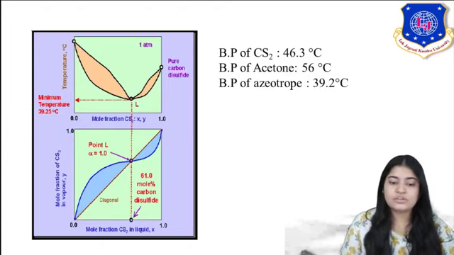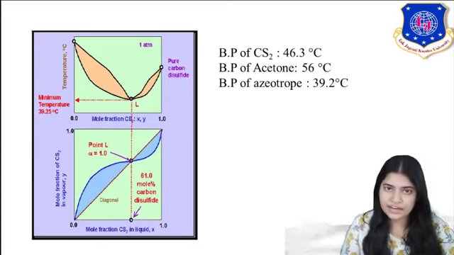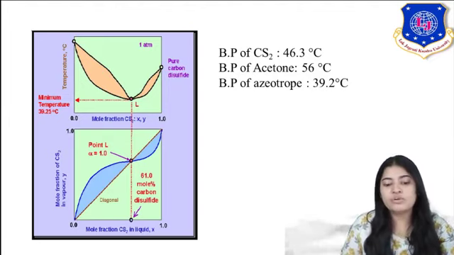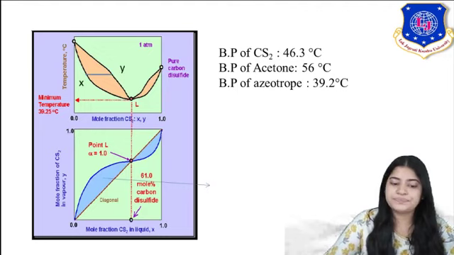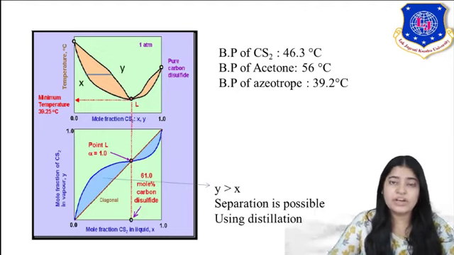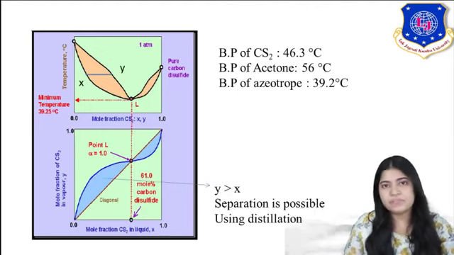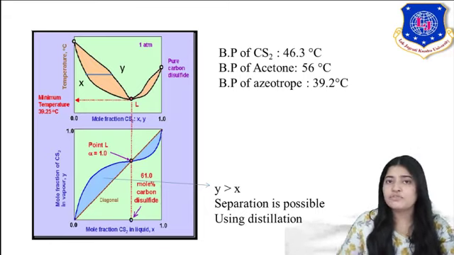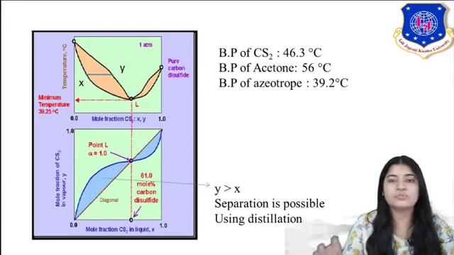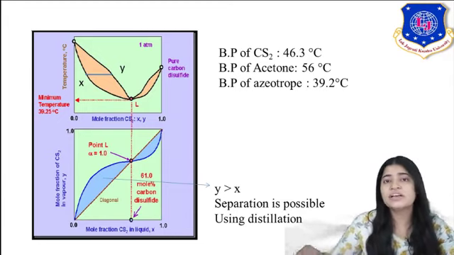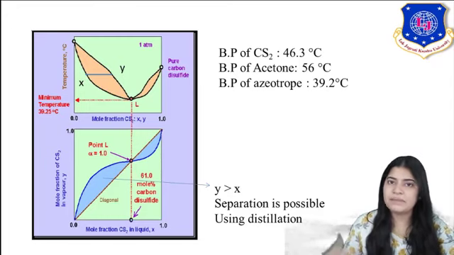In the XY diagram, the equilibrium curve, you can see for mole fraction of CS2 less than 0.61, I am getting y more than x. So for a mixture where the mole fraction of carbon disulfide is less than 0.61, I can use distillation as a separation technique, because for that range, 0 to 0.61, as I am supplying heat, vapors can be enriched.